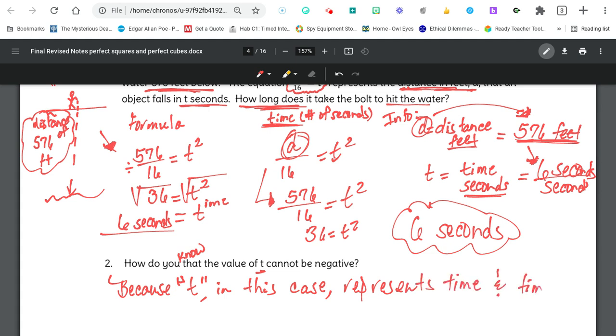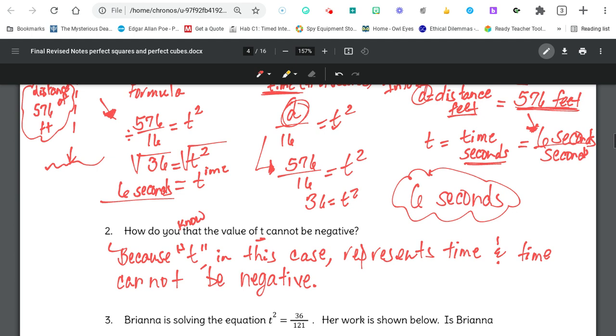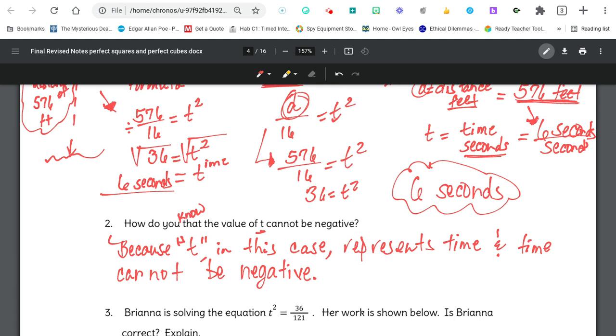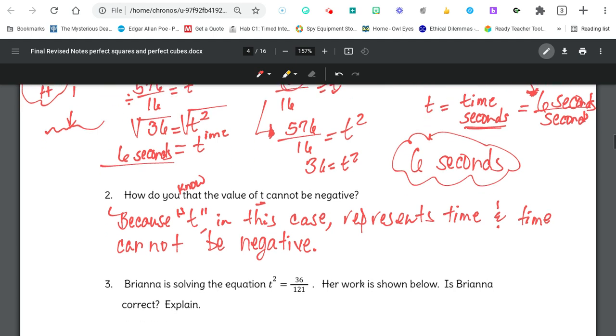And time cannot be negative. Whenever you have a formula or application problem, you have to look at what each variable represents. If the variable represents something that can't be negative, don't put a negative answer, okay? But that's if you have some type of application problem.